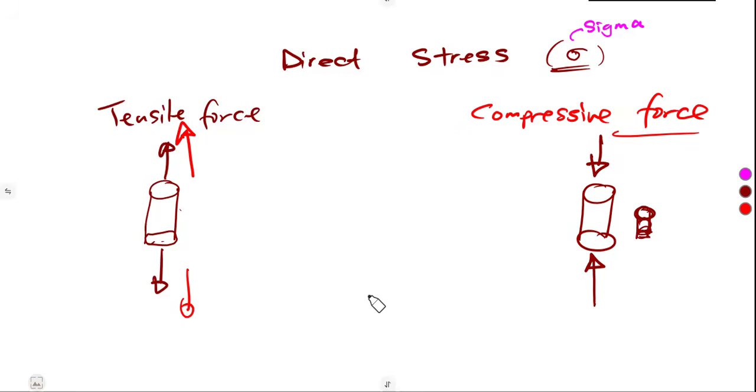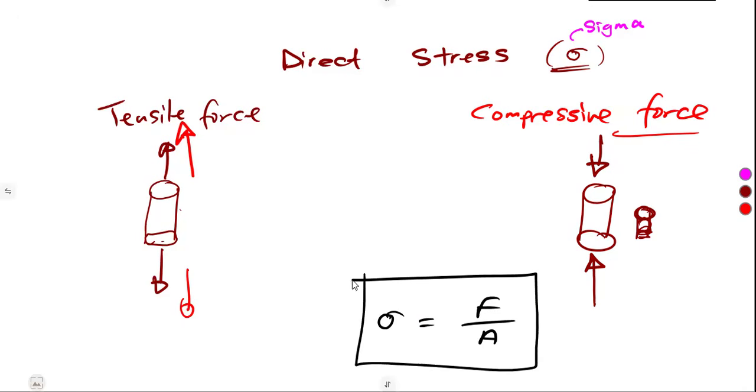So the stress, which is considered as the direct stress, can be taken from the formula, the force over area. As we understand the units, guys, force in Newton over area in square meters.